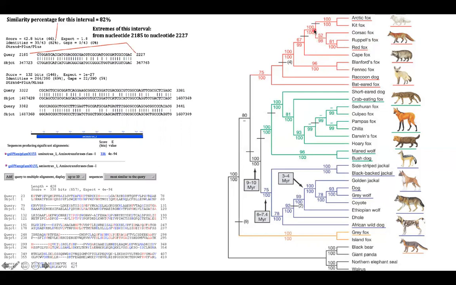If we go further back in time, we can see that they are closely related to the Arctic fox and the kit fox. This also suggests to us that the red fox is not very closely related at all to, for example, the dog. The dog and the red fox share a common ancestor. Let's have a look where their common ancestor is.